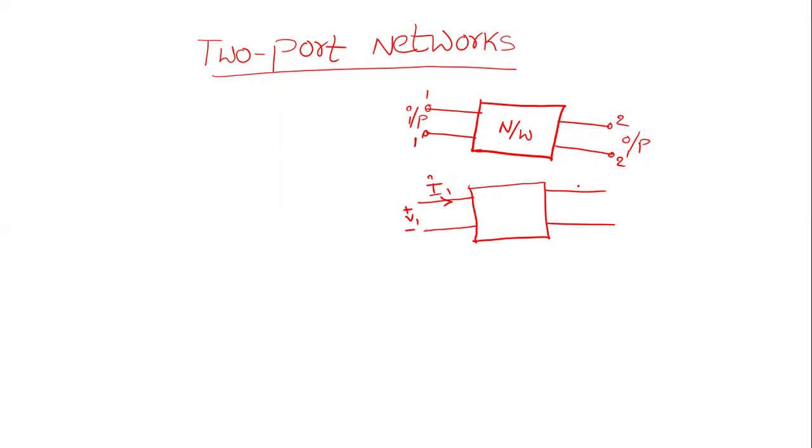Similarly, at the output, if you connect a source, it will deliver the current I2. If this is a load, then the current will flow in the opposite direction. So IL, the load current, will flow in this direction.